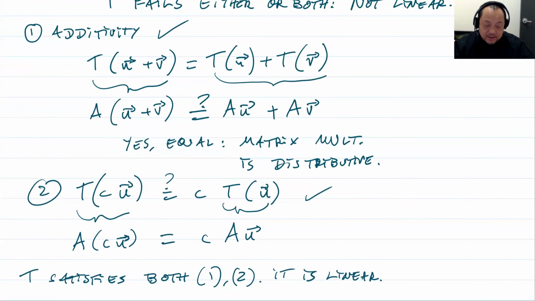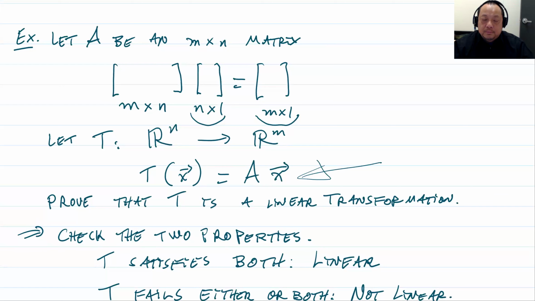What is this T? This T is defined as multiplying a vector by the matrix A, any vector. And is there any restrictions on A? No. A is any matrix that fits the size of the multiplication.